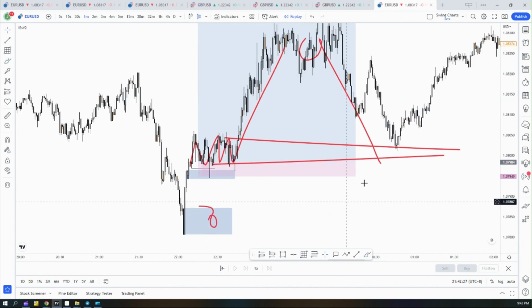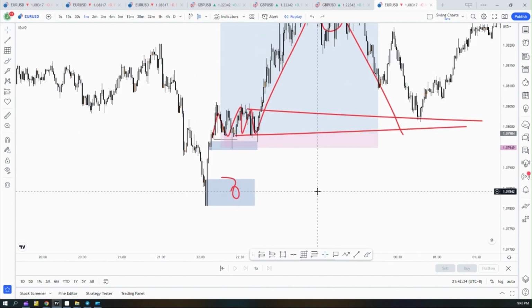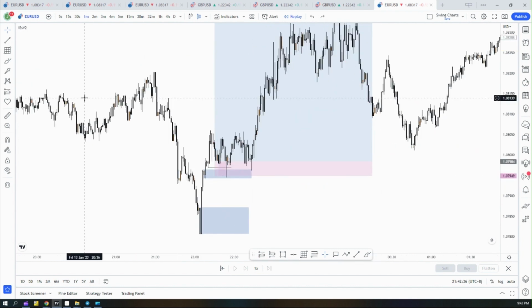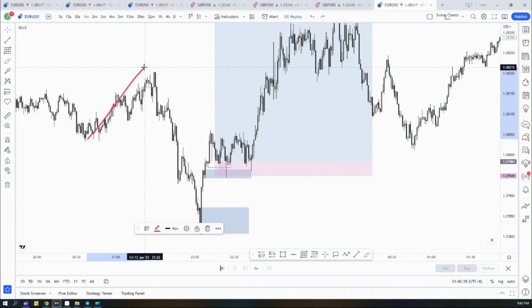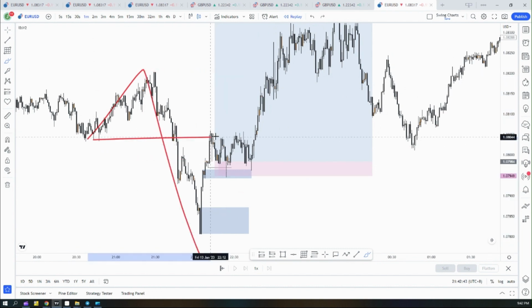There's no battle between buyers and sellers here. You see here, we have this larger sort of area of supply.